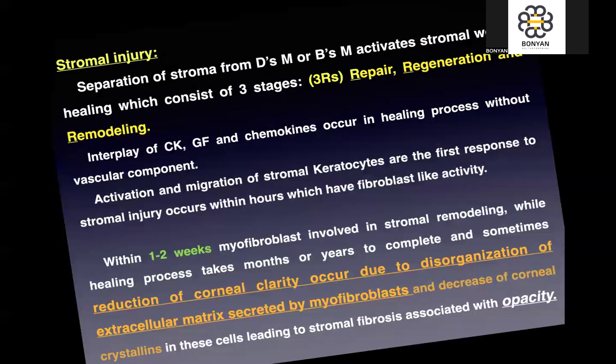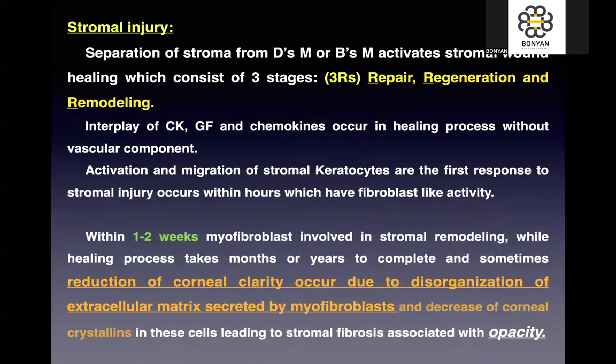About stromal injury, separation of stroma from Descemet membrane or Bowman's membrane activates strong wound healing, which consists of 3 stages, which are the 3 R's: repair, regeneration, and remodeling.